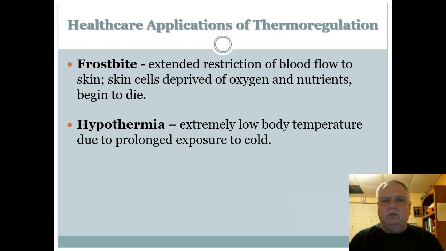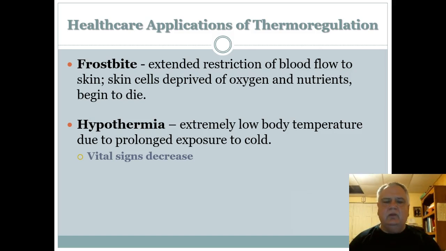Now, associated with frostbite is hypothermia. Hypothermia is defined as an extremely low body temperature that's due to prolonged exposure to the cold. In hypothermia, what's going to happen is vital signs are going to begin to decrease. So blood pressure is going to go down, heart rate's going to go down, body temperature is dropping, right?